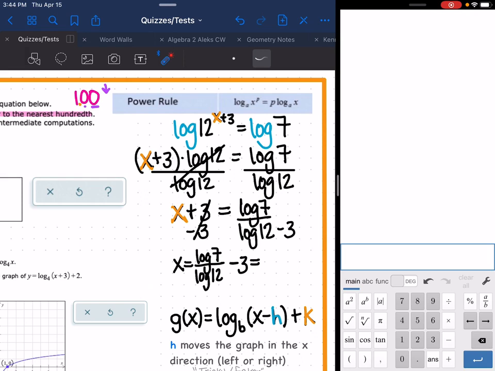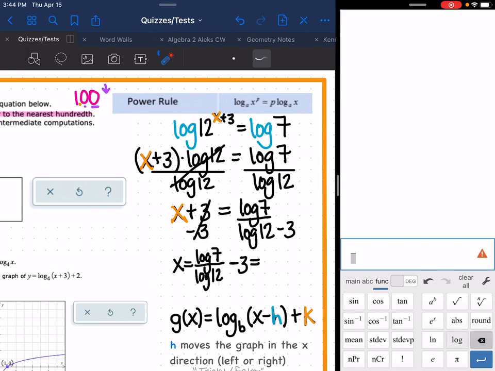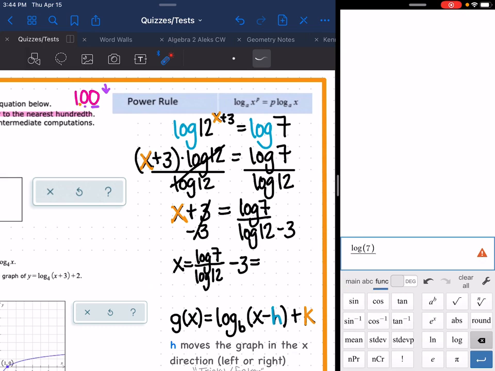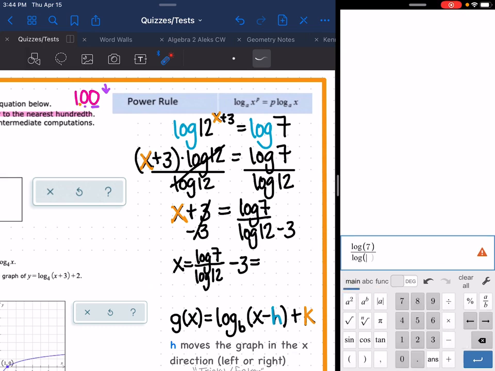All right, guys, I'm going to take this right here and I'm going to put it in my calculator. So I like to make the fraction. And then I'm just going to type it in. Now remember, it doesn't really matter if you close the parentheses or not, but I like to think of them as like somebody opened a door, so it's nice for me to go ahead and close it for them.